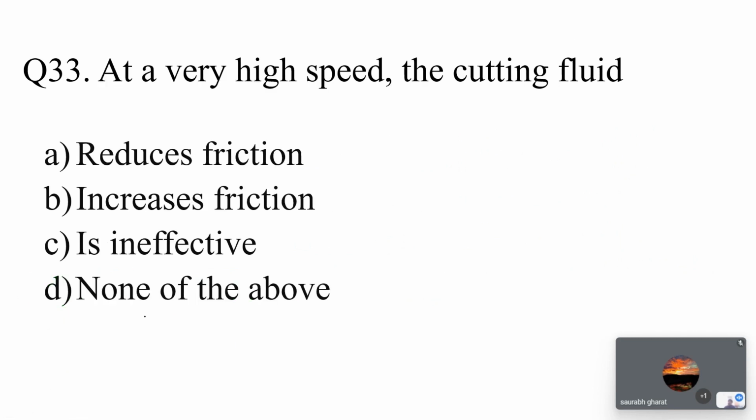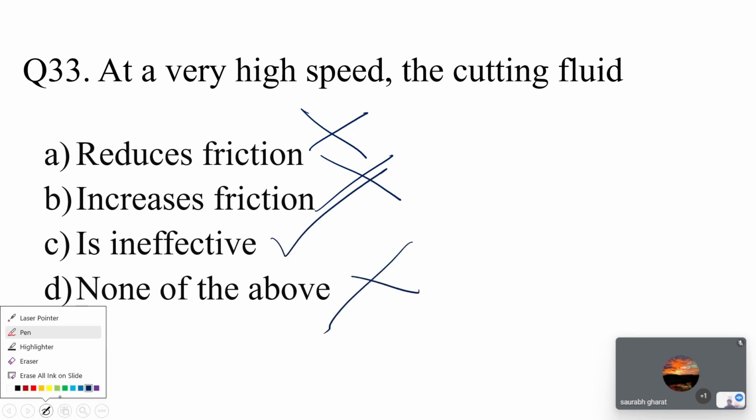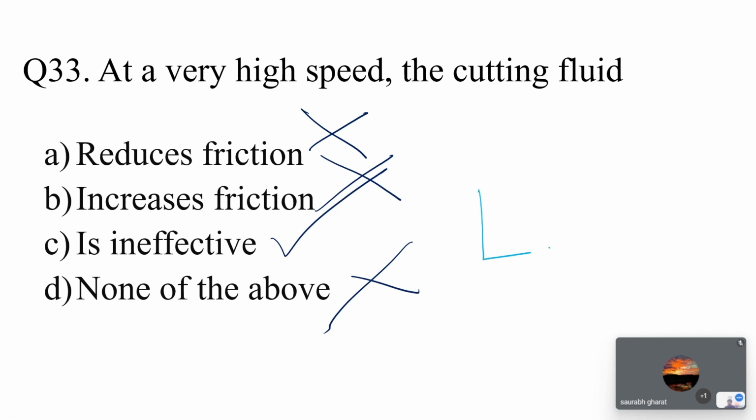At very high speed, the cutting fluid reduces the friction? No. The answer is none of the above. At very high speed, the force and friction change, and sometimes the friction becomes inefficient.